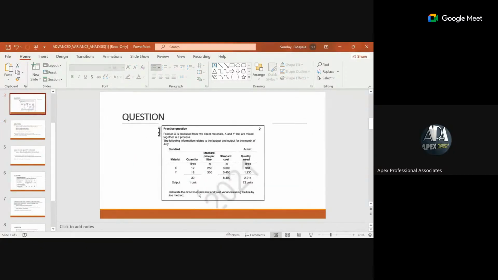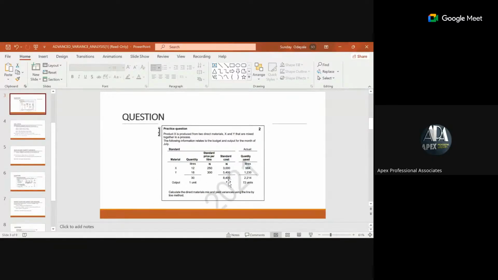And if this table had given you the cost card for producing 10, it is expected of you to convert it to 1. How do you convert it to 1? You do the total, which is this 84, divided by whatever you have as your unit. If it is 10, you divide 84 by 10. If it is 20, 84 by 20. If it is 500, 84 by 500.